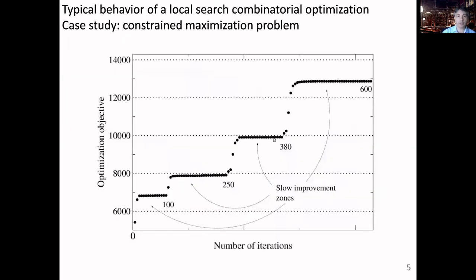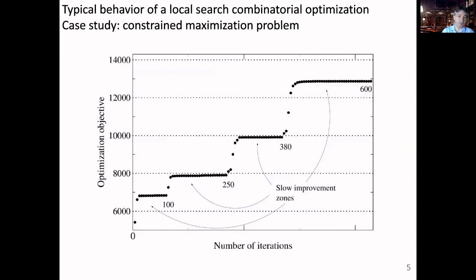So here's an example of a typical behavior of a local search in some combinatorial optimization problem. In this case, it is a maximization problem, which means that we need to maximize the objective. And let's say that we don't know anything about the structure of the problem.